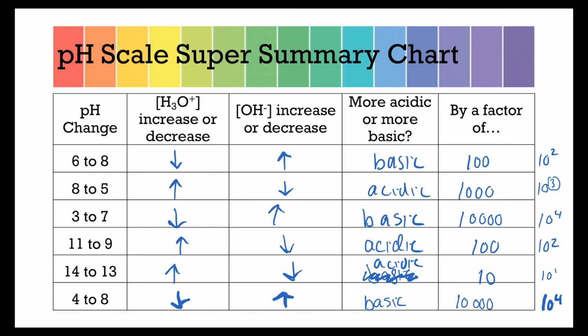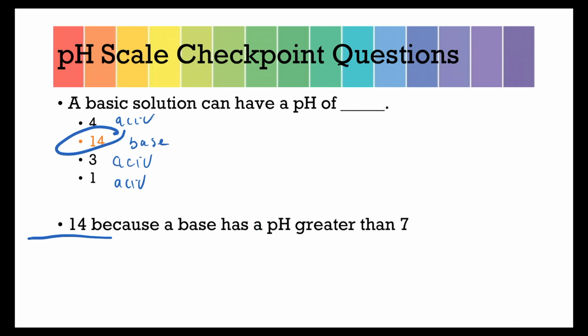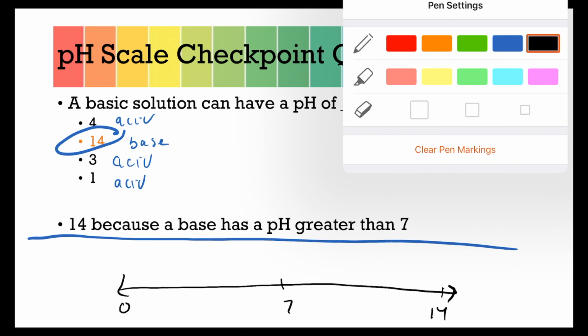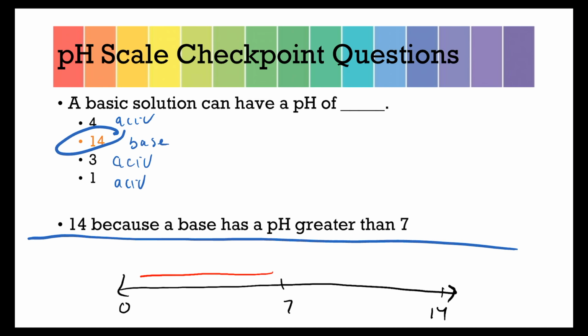One thing I do want to add, I'll just go back and add it here. This kind of helps sum up everything. So here's a number line. I highly recommend you write this down. 0, 7, 14. If you are less than 7, you are becoming more acidic.